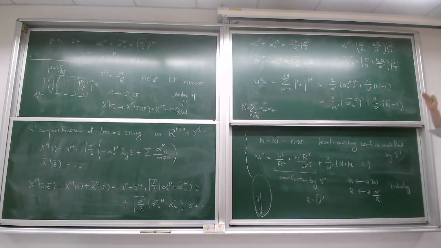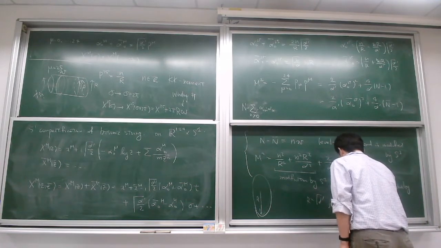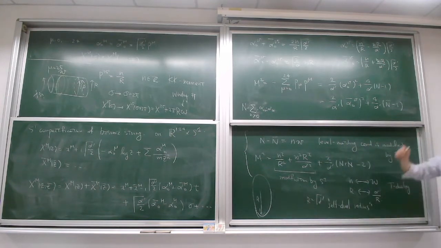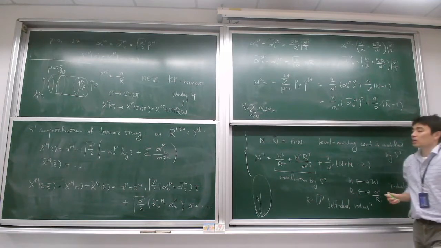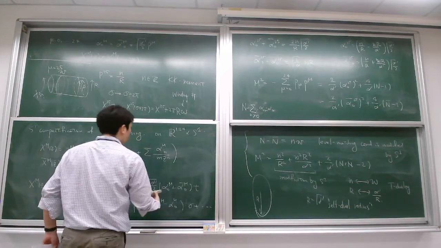Something drastic happens. Once you try to compactify beyond the self-dual radius, it's the same as just enlarging the circle. So you cannot shrink to zero, essentially. Shrinking to zero means you just decompactify. So it's a very magical property string theory has.